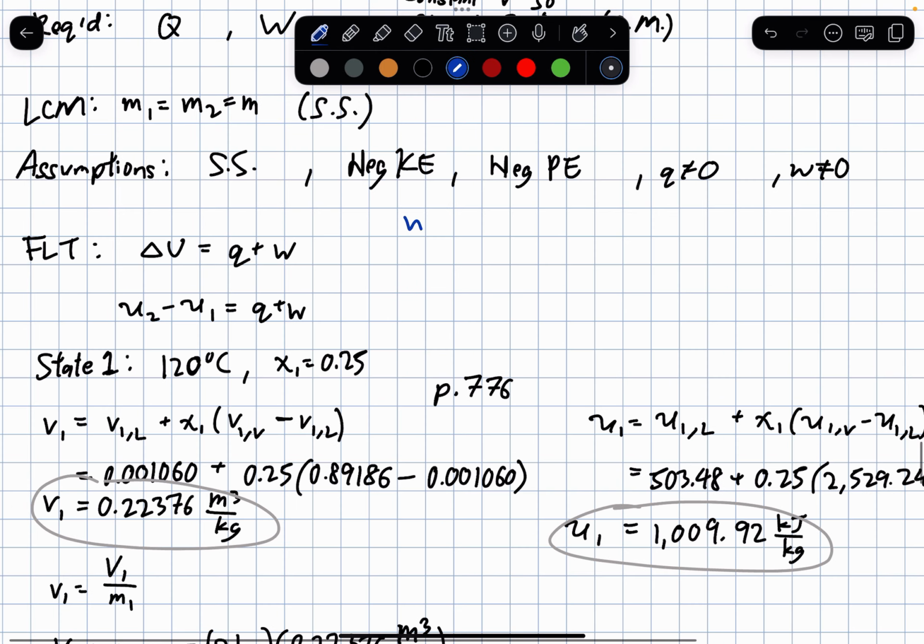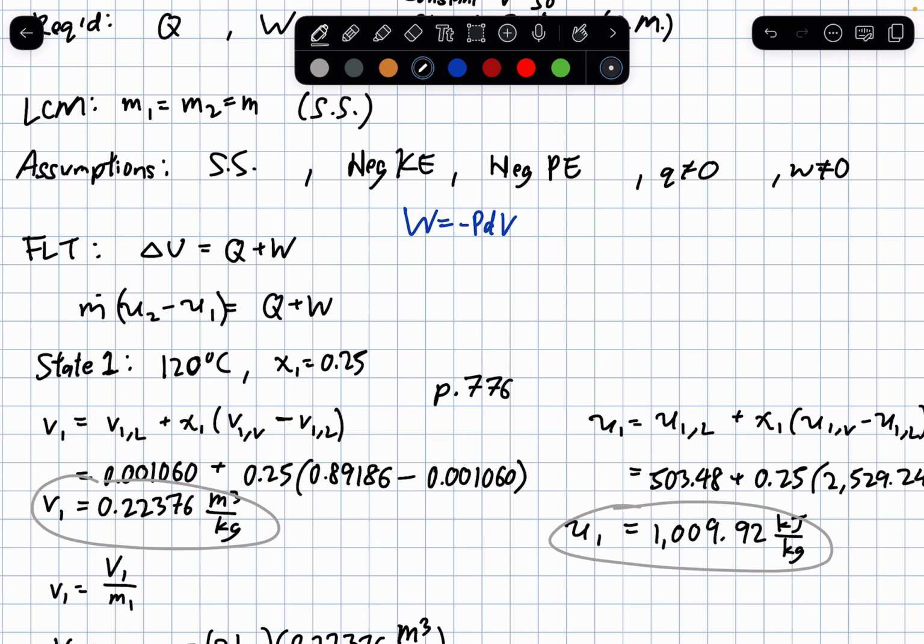By the way, we are looking for capitals, no? Capital W is equal to negative P dV. In that case, this has to be multiplied by the mass so that the unit, both left and right, is going to be kilojoules.